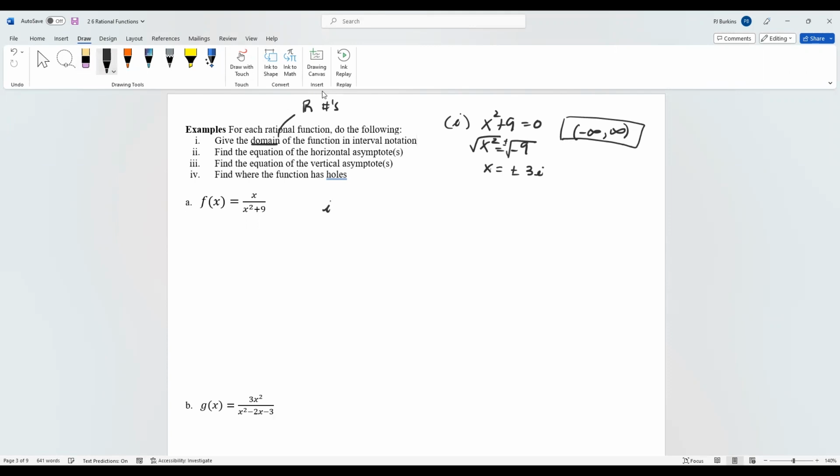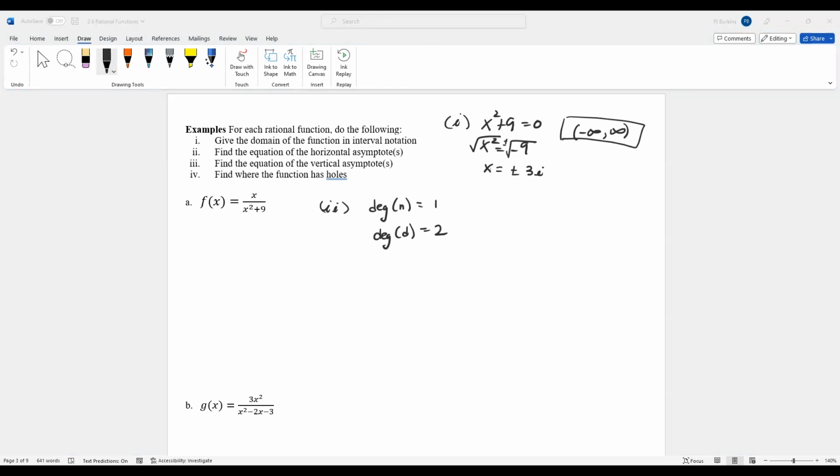The second part of the problem says, can we go ahead and find any horizontal asymptotes? To do that, we need to determine the degree of the numerator and degree of denominator. So we have degree of n is 1. The degree of the denominator d is 2, right? We have x to the first power and we have x squared.